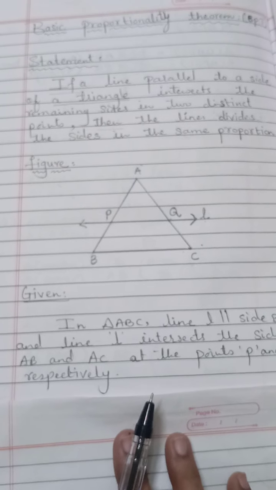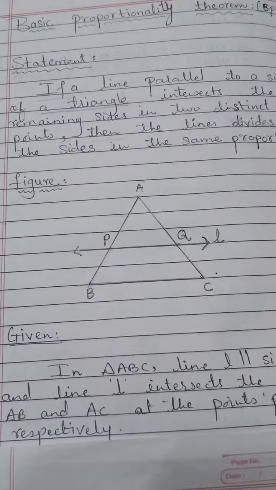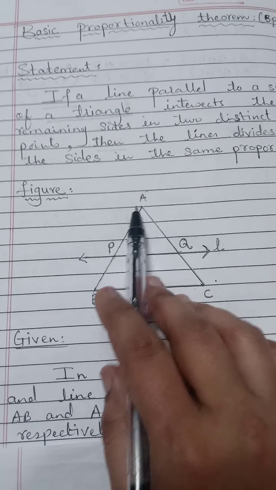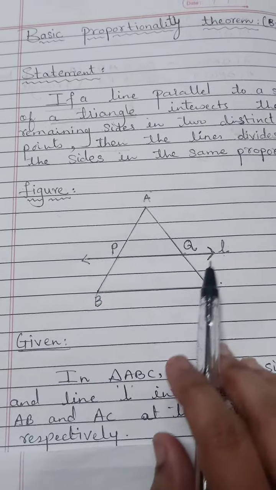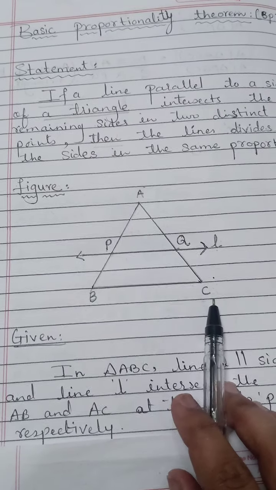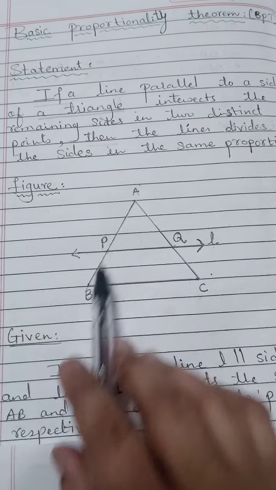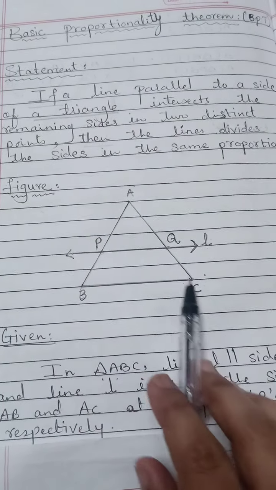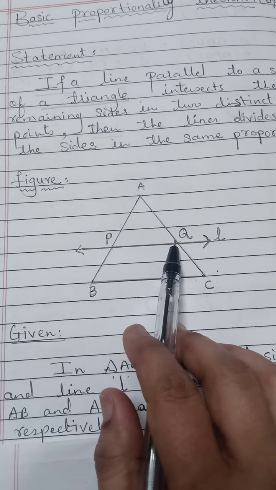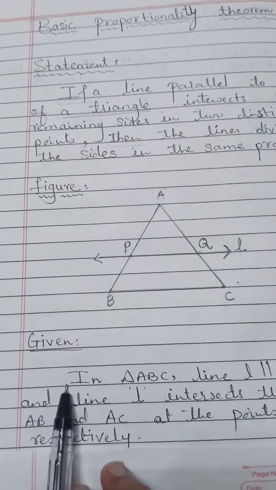The same statement which I explained in the figure, we have taken for the given. Again I will repeat it: in triangle ABC, line L is parallel to side BC and line L intersects the sides AB and AC at the points P and Q respectively. So here we have completed statement, figure, given.